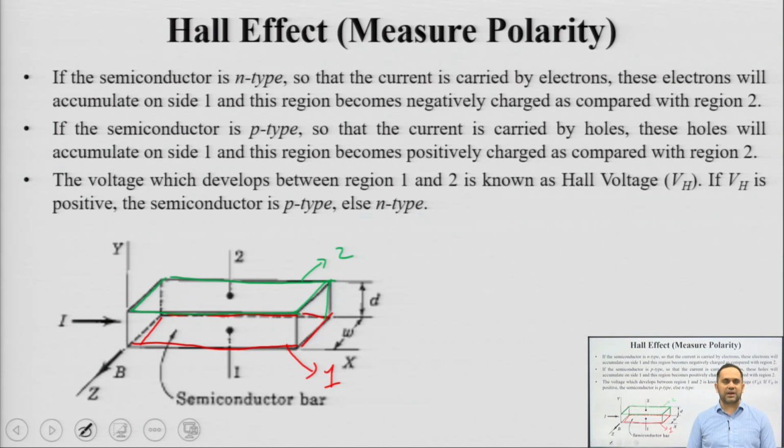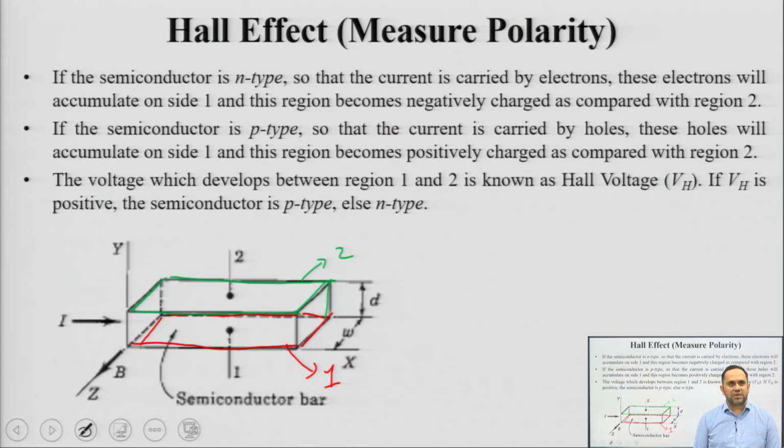A simple polarity test, a simple measure of voltage across it, will tell you on which side the needle moves and which side is more positive and which side is more negative. So, if region 1 is more negative, it must have been an n type semiconductor. If you do not know the type of this semiconductor, and region 1 is more negative as compared to region 2, the semiconductor is n type.